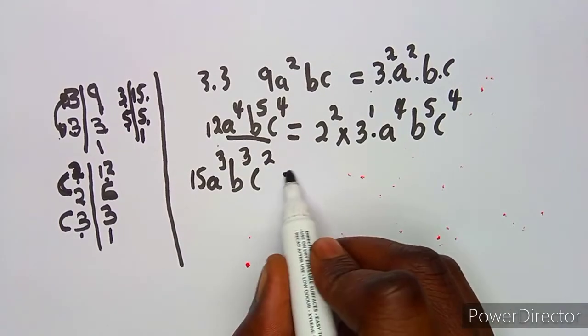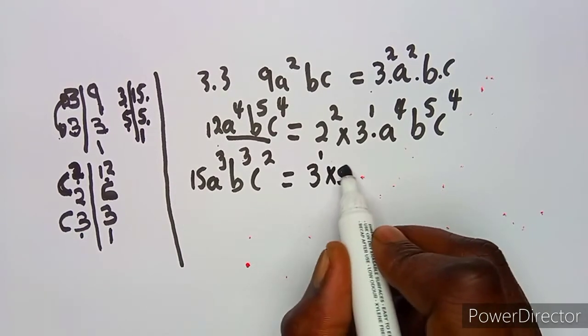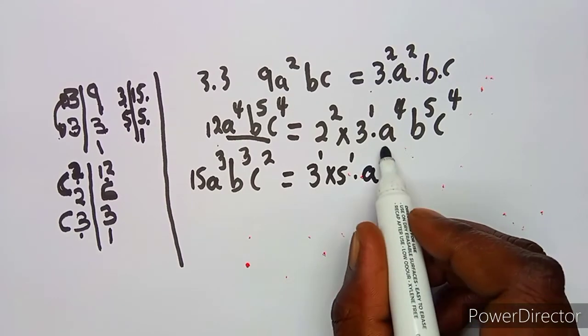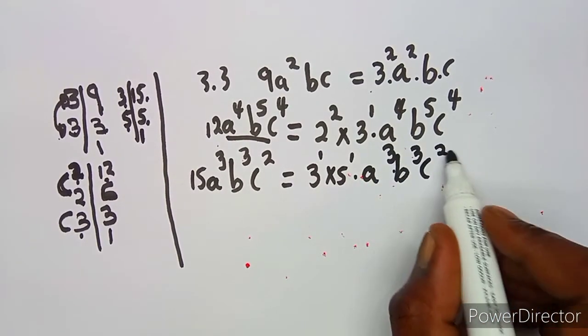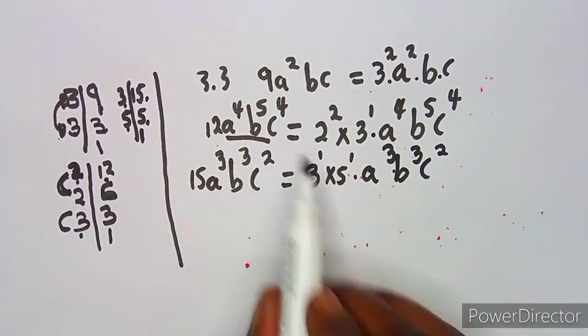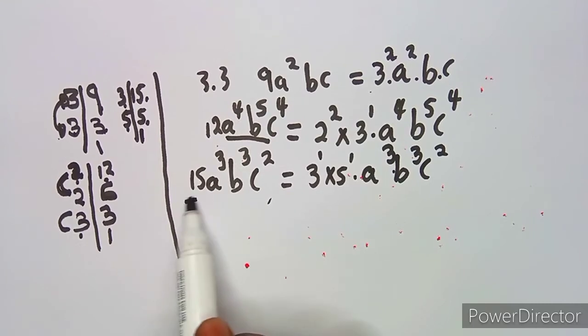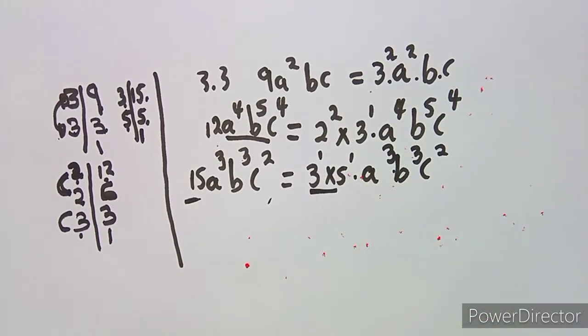So we can write 3 to the exponent of 1, 5 to the exponent of 1, and this is just going to repeat as it is: a to the exponent of 3, b to the exponent of 3. There's no need for you to simplify or write this. What is important is to have these as prime numbers, these ones as prime numbers, and so forth.